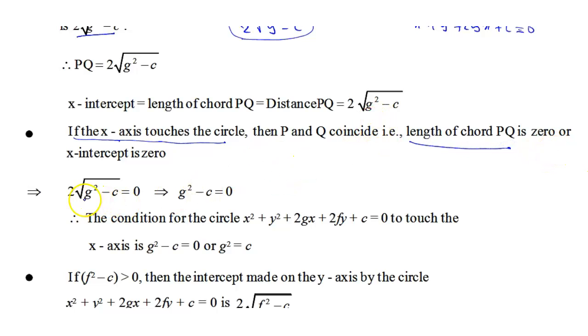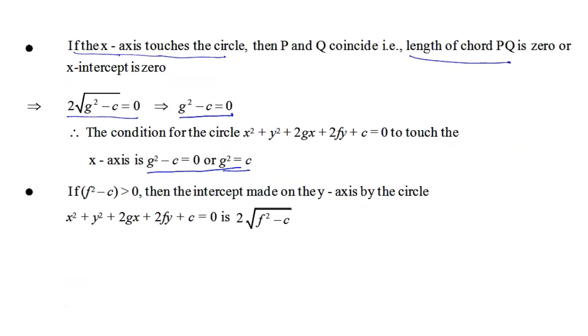Already we have taken the length of the x-intercept, or the chord, is 2 root g square minus c, which equals 0. Squaring on both sides, we get g square equals c, right? So the condition is, if the circle touches the x-axis, the length of the x-intercept is 0, g square minus c is 0, that is g square equals c.